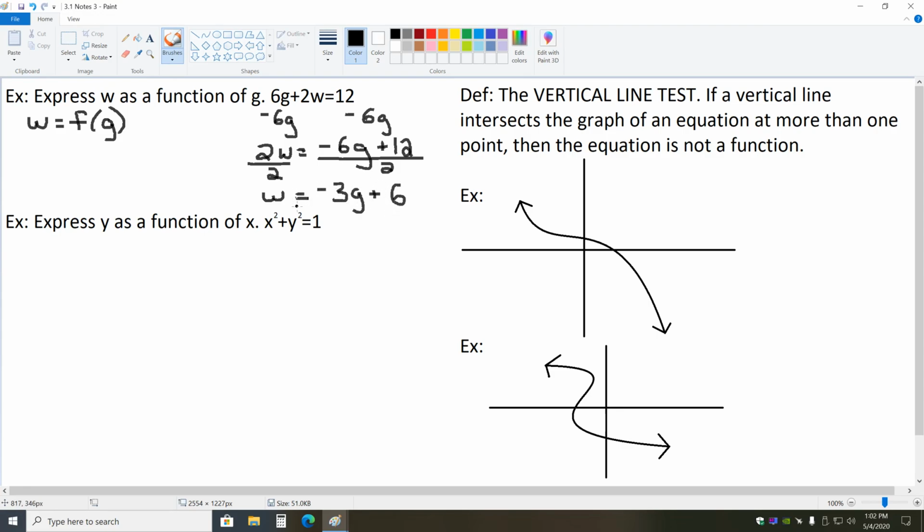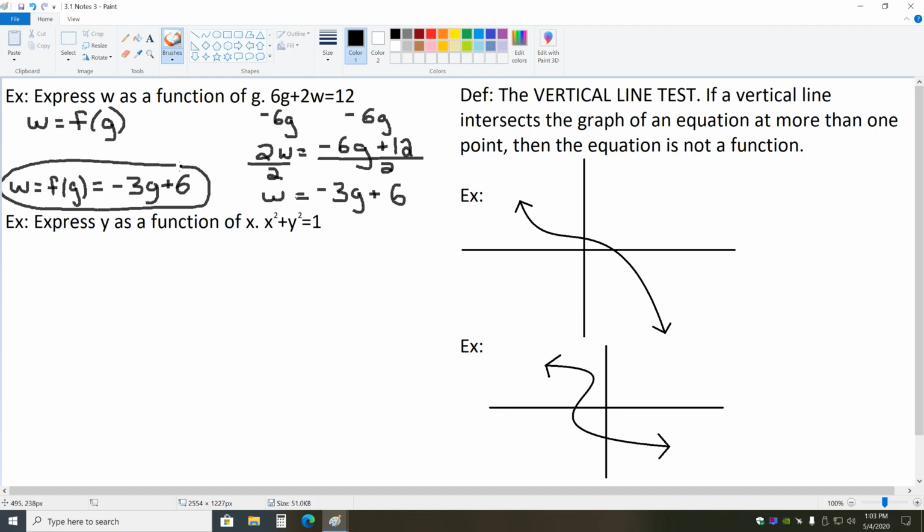So we have found our function notation, which I'll just write over here for the sake of room. W equals f of g, meaning w is a function of g, and it's equal to negative 3g plus 6.